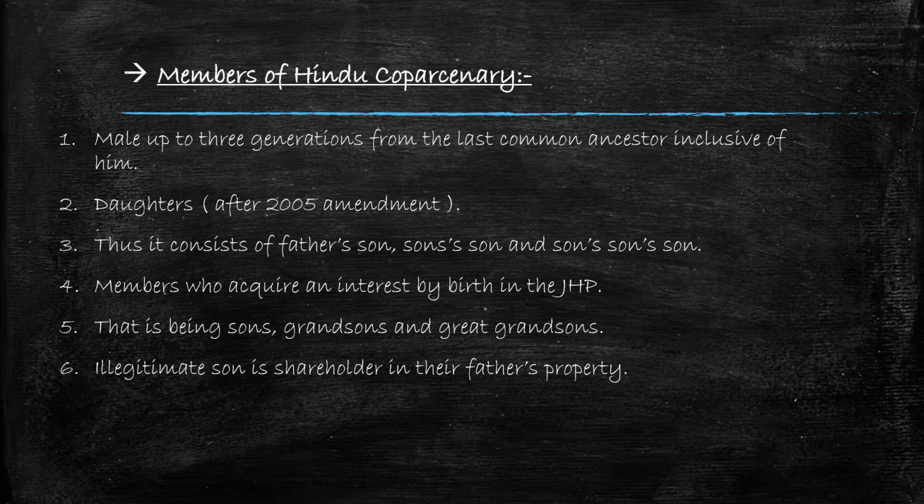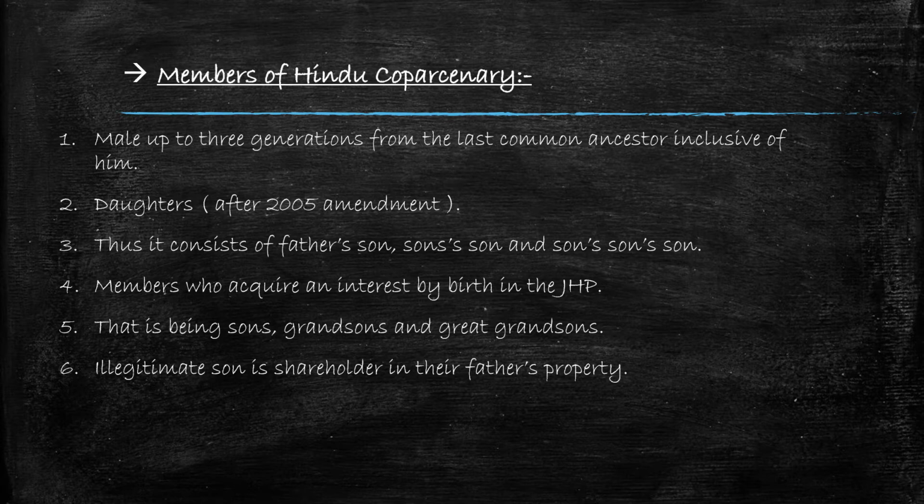Members of Hindu coparcenary. First, males up to 3-degree generations from the last common ancestor inclusive of him. Daughters: after the 2005 amendment, daughters are also included as members of Hindu coparcenary.